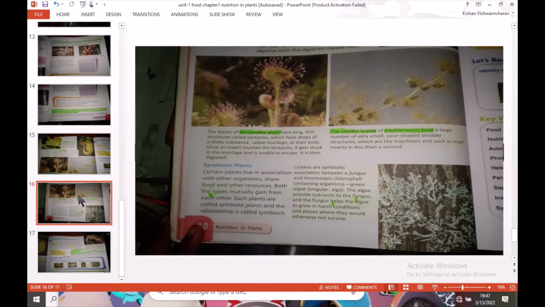The leaves of the sundew plant have long thin structures called tentacles.